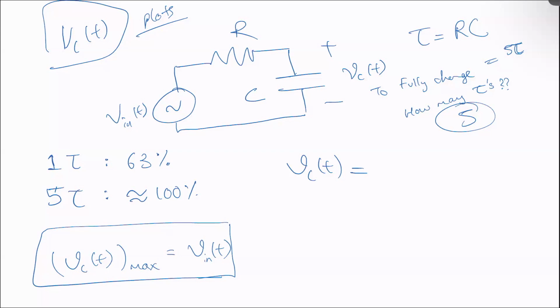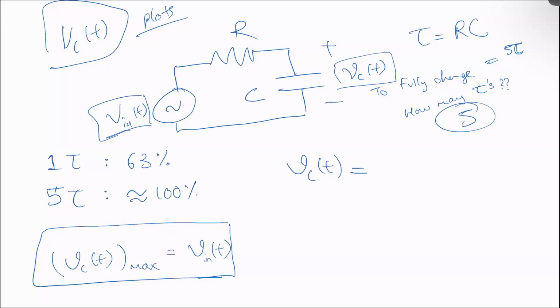Yeah, tell me. VC of t equals the integral of I over C dt. Yeah, that is the equation, but I'm asking you for the equation that relates your V in of t and Vc of t.